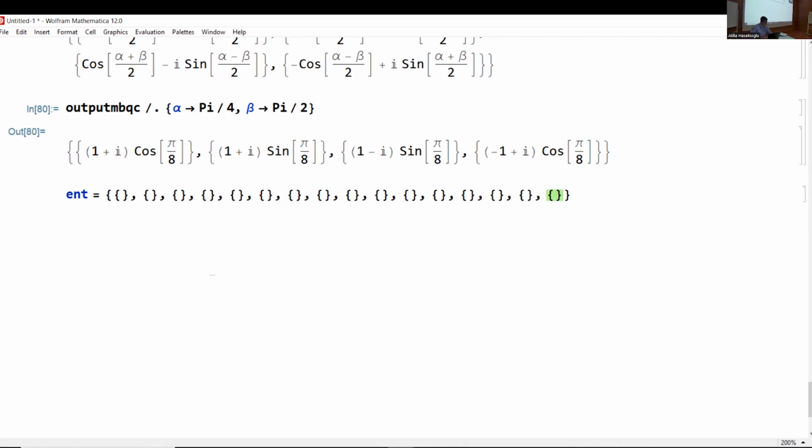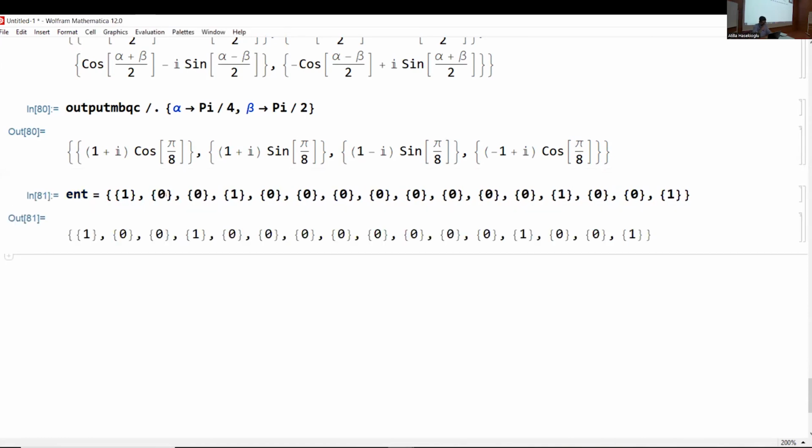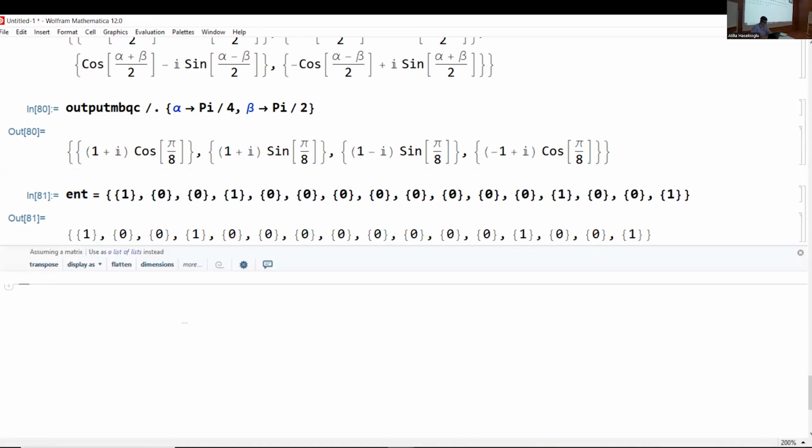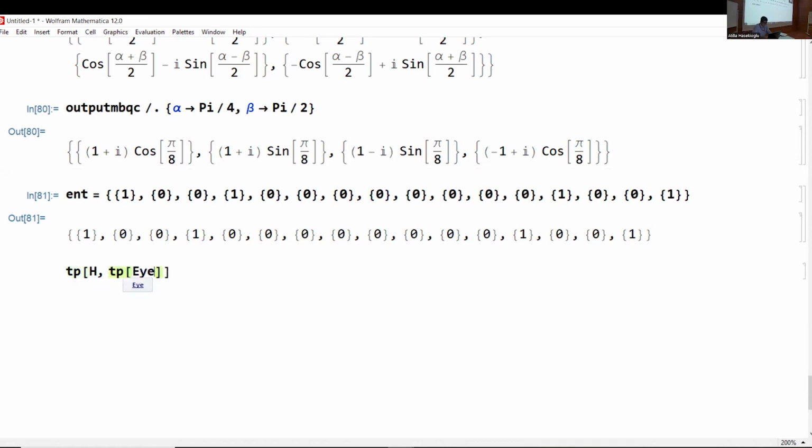Because everywhere, so let's see what happens if I did a Hadamard on the first qubit. Nothing on the second qubit.